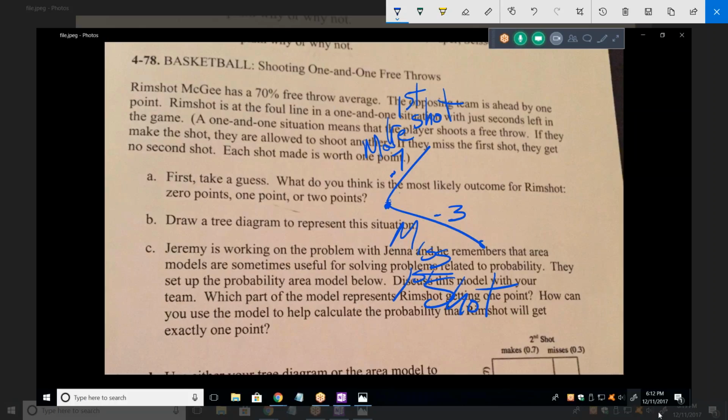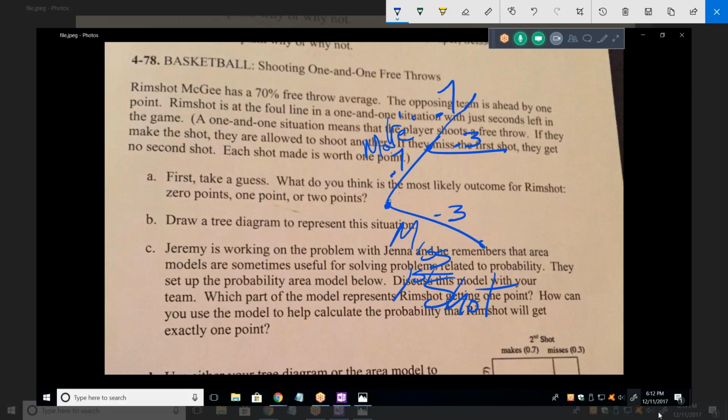Now, if she makes the first shot, she can either miss the second shot or she can make the second shot. Let's do the make on top. That's 7/10. Any free throw she ever takes, the odds of her making it are 7/10. Her missing it is 3/10.